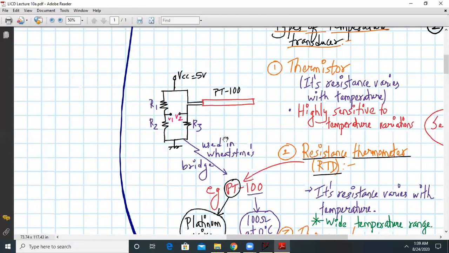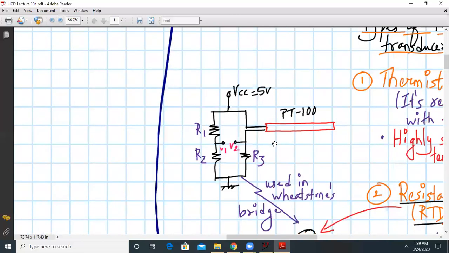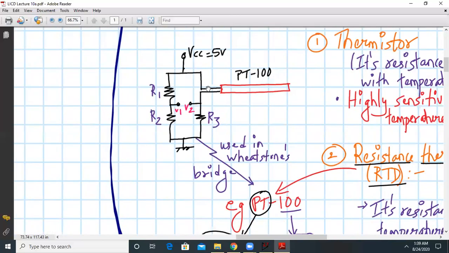This is a simple example of an arrangement in a Wheatstone bridge. We have connected one arm to a PT100 transducer. It is slightly bulky and occupies some space, but it is very accurate. Whenever there is a change in temperature, the bridge becomes imbalanced, and V1 and V2 will not be the same. When there is no temperature change, R1, R2 and R3 are set as reference resistances, calibrated with respect to the PT100.